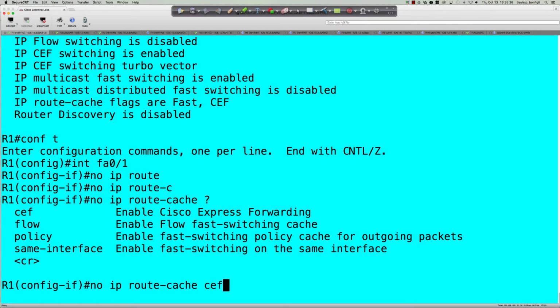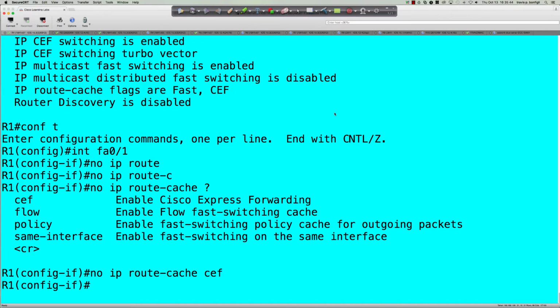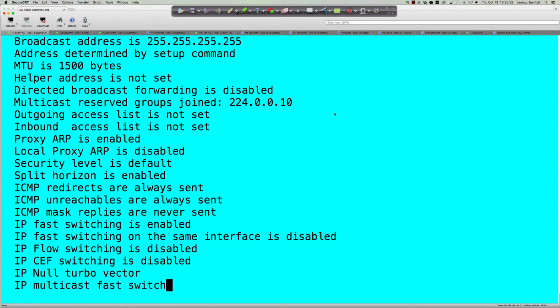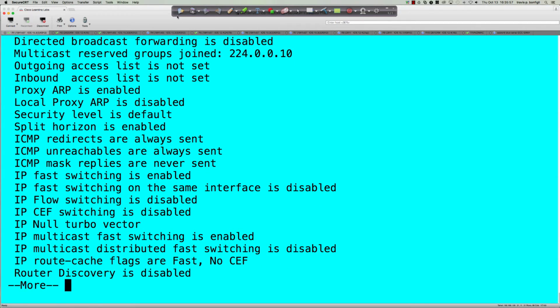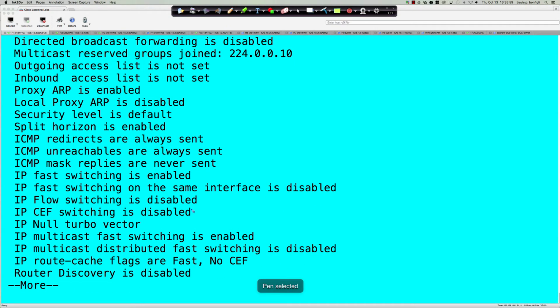So if I were to say no ip route-cache cef, this will turn CEF off on this interface. So if I rerun, and actually let's rerun that, do show ip interface Fa0/1, let's take a look at what just happened. So by saying that, what I've said is CEF switching is now disabled.